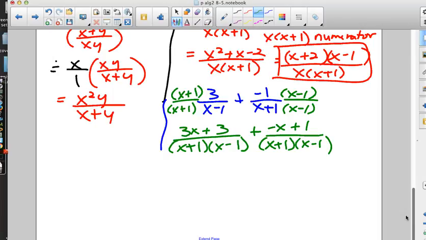We don't want to forget that. That's what we were going to do here, add these two together.